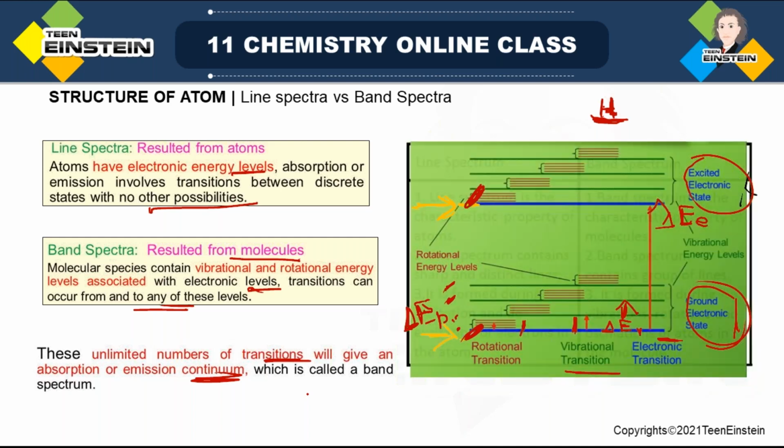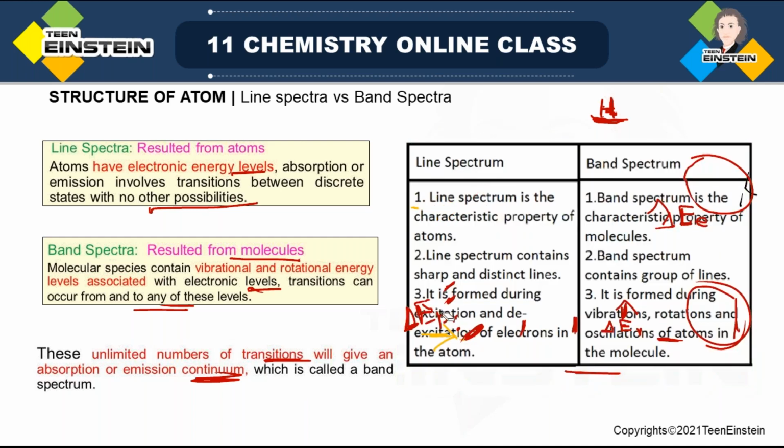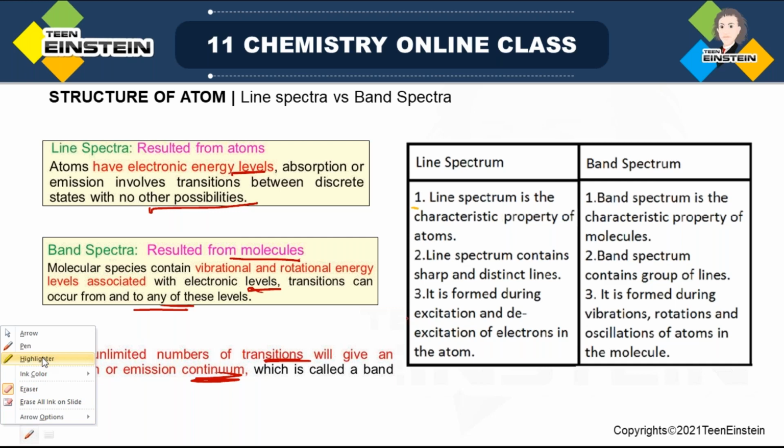So here we will see some important differences between line spectra and band spectra. Line spectrum is the characteristic property of atoms, while band spectrum is for molecules. Line spectra contain sharp and distinct lines that you have already seen.